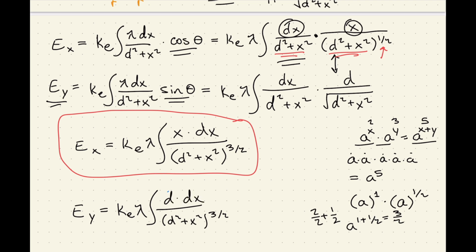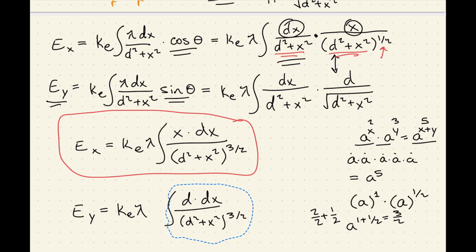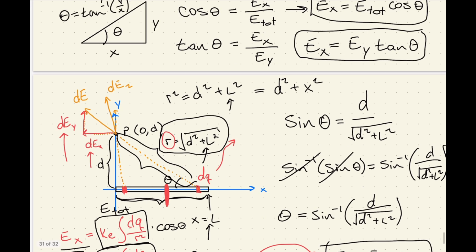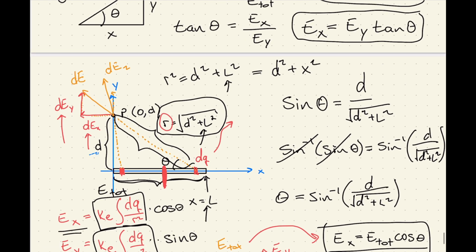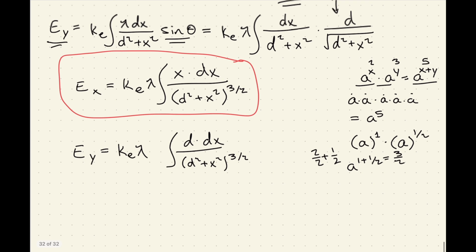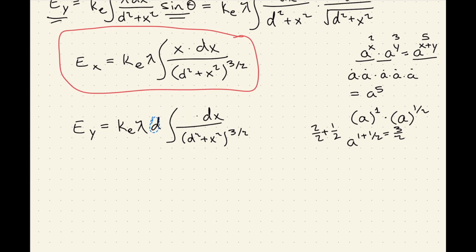And the cool thing is, this d is actually a constant because it does not depend on x. If you remember what d was from all the way at the top, it's the distance that is above the rod where we're trying to find the electric field. So to simplify the integral a bit more, you can put this d out here, and then you can put this dx right over here, right?